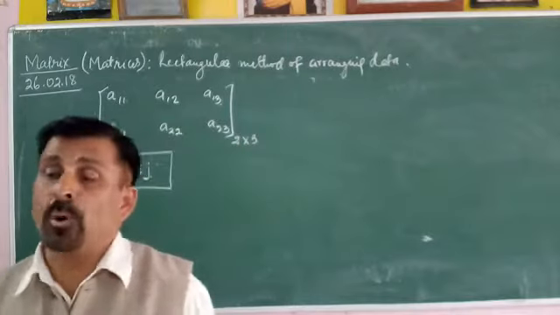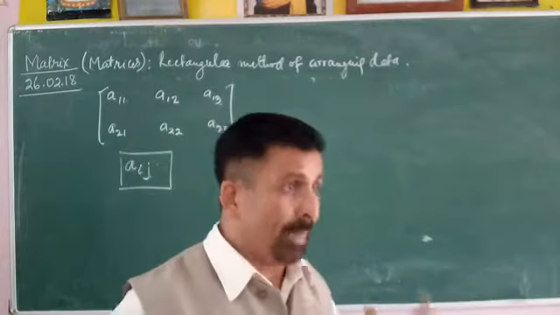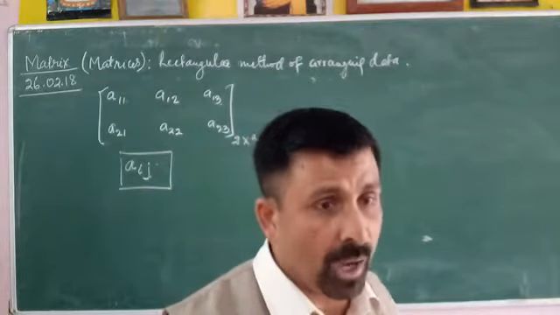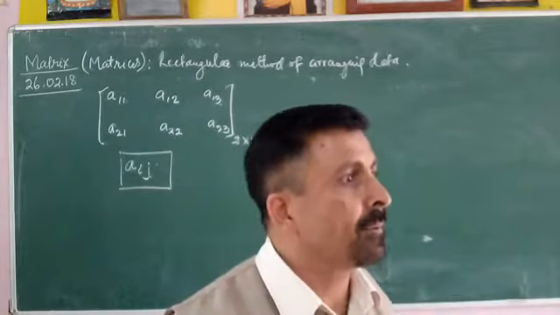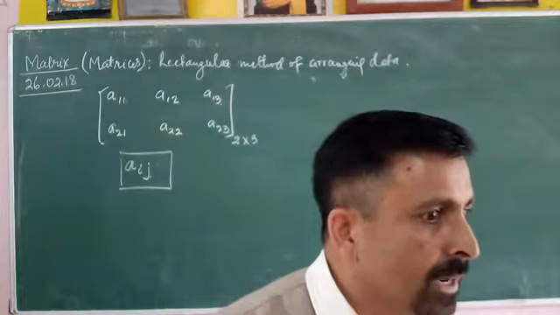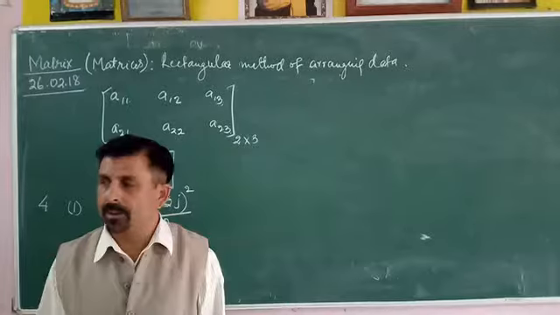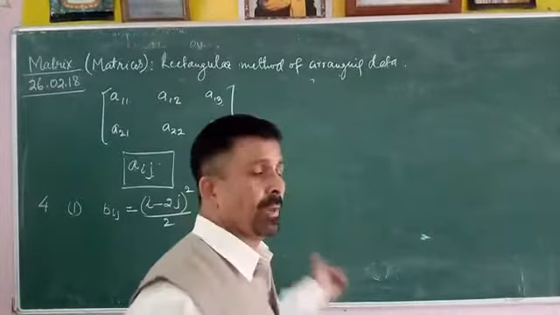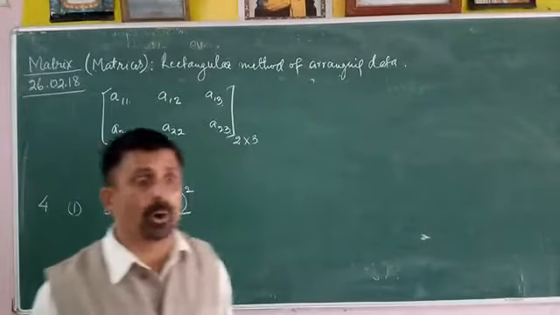But we have to also learn how to write the matrix or how to construct a matrix under certain conditions. So now we are going to see writing a matrix under certain conditions. Clear? Are you ready? Yes. This is the question. We are going to write a matrix of the order 2 by 2.